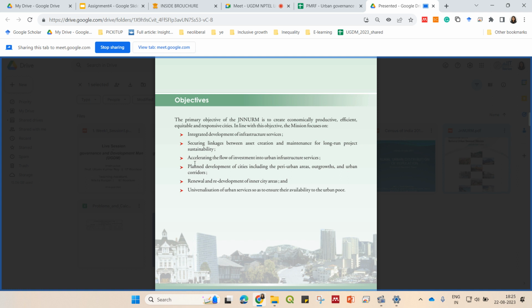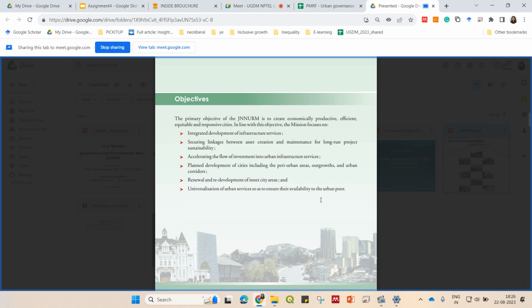So this is something which spearheaded the cities' action of having a planned development of the cities, not only focusing on the urban core, but even including the peri-urban areas, outskirts, and urban corridors in the city. Another one of its objectives was renewal and redevelopment of the inner city areas and universalization of urban services so as to ensure their availability to the urban poor.